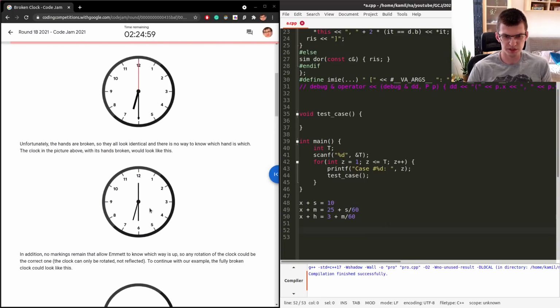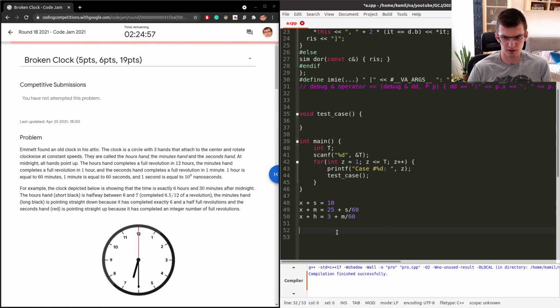So the number of seconds given, let's say that number of seconds given is this. This is just equal to shift plus s. Alright, then there's some number of minutes.